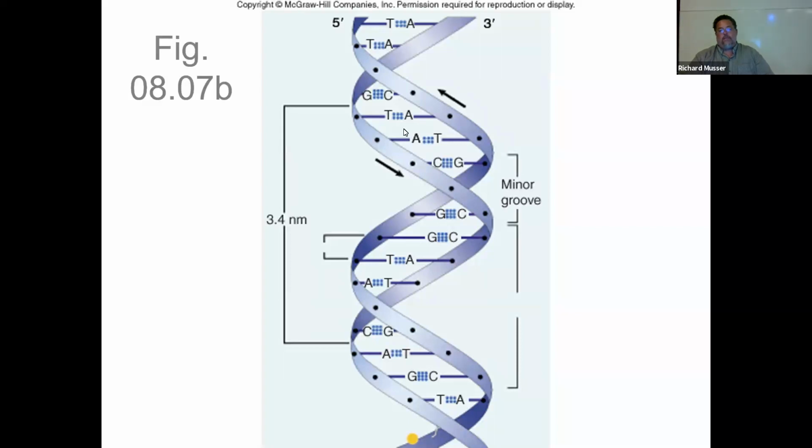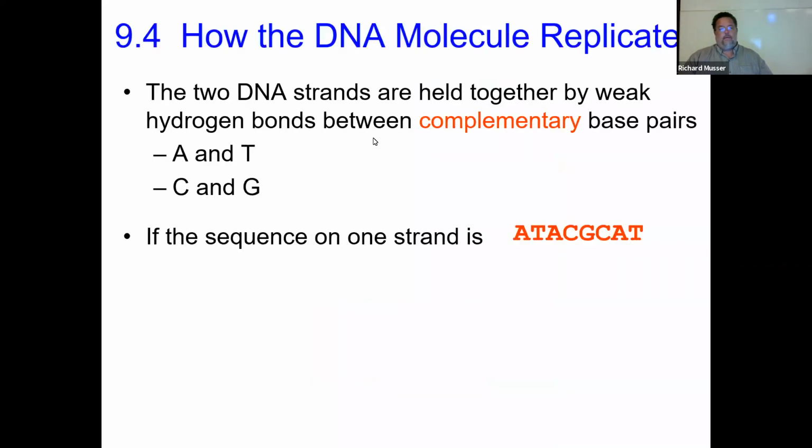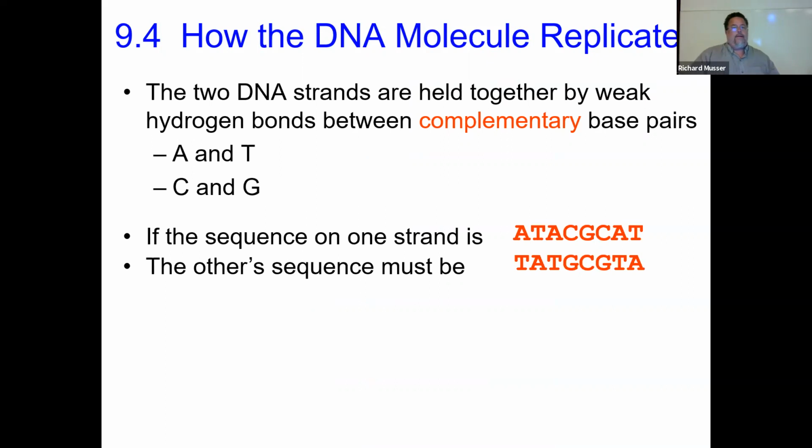These little dots represent the hydrogen bonds. And again, if you don't know what that is, take a little time to read up on that. Just Google it real quickly, or you'll be learning about it in chemistry. So again, the DNA molecule, and we're going to talk about replication.